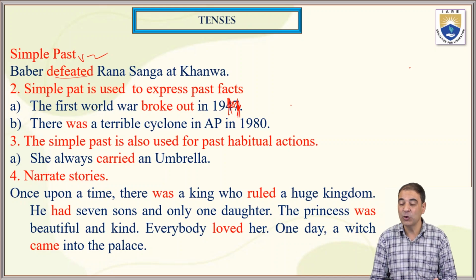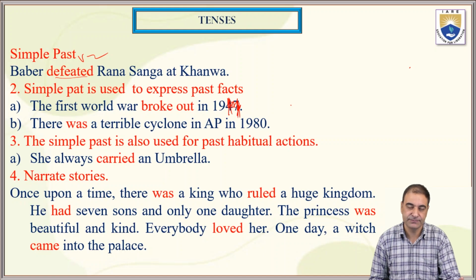It is something she was fond of in the past, but right now she's not doing the same things. That's why we use this simple past for past discontinued habits. For example, "He used to smoke heavily," or right now he's not smoking, okay?